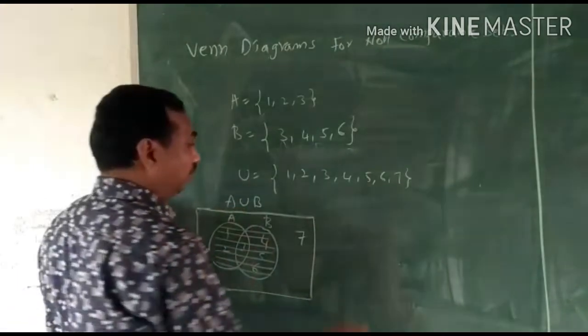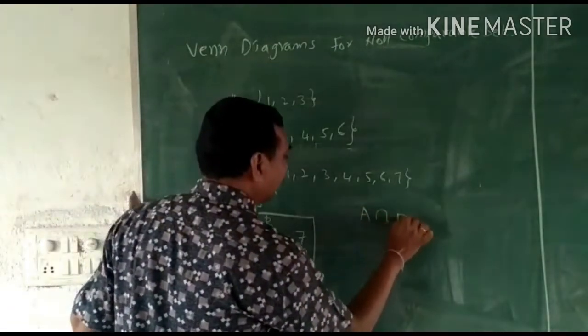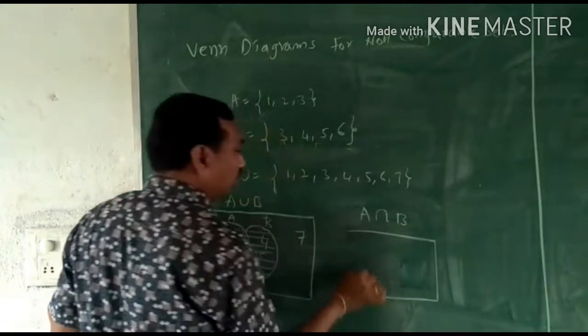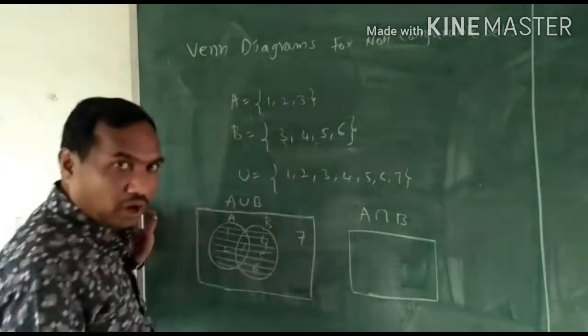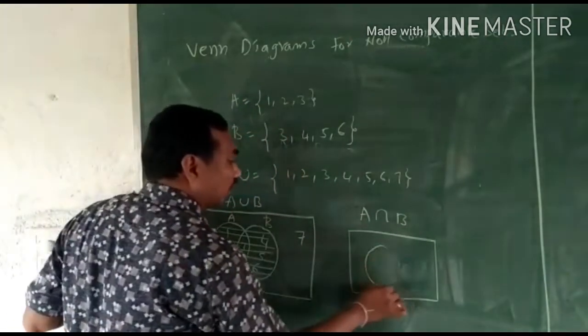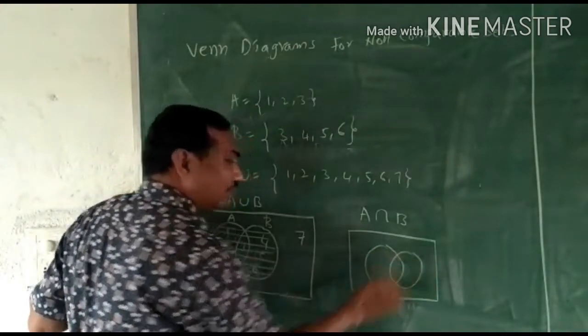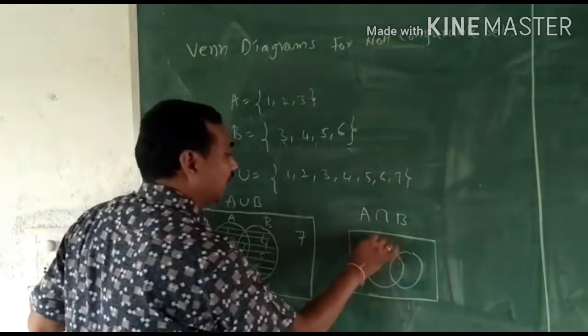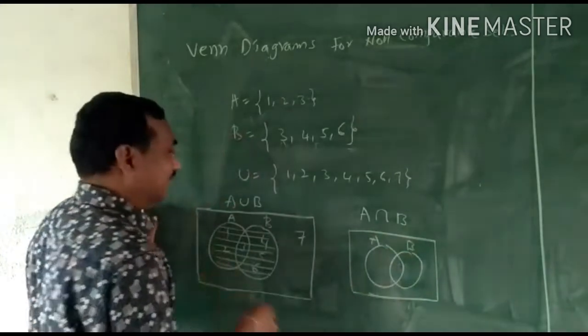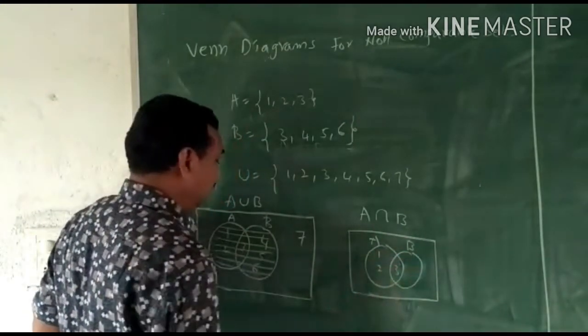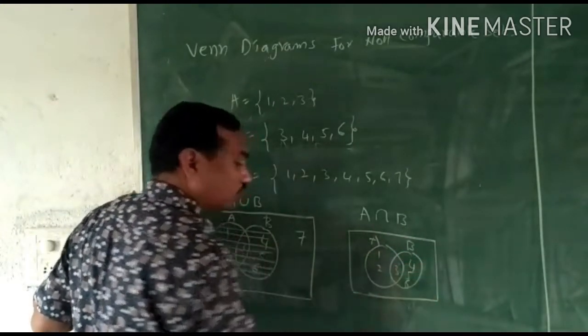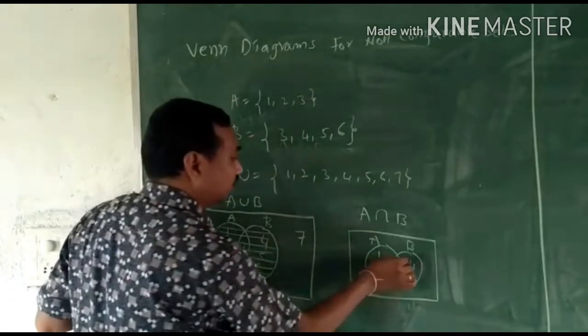For the same sets, A intersection B. Intersection means common elements. So only the common area will be shaded. You write as it is, 1, 2, 3, 4, 5, 6.